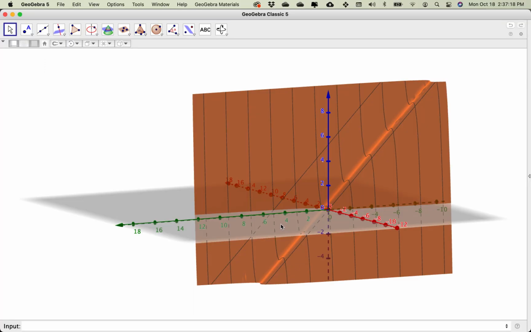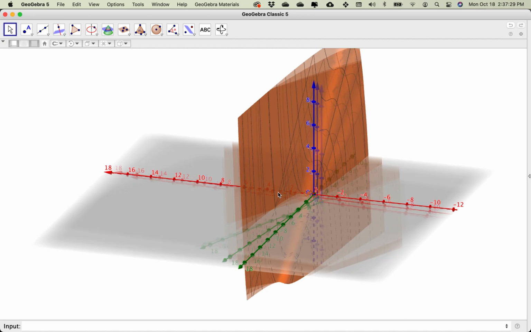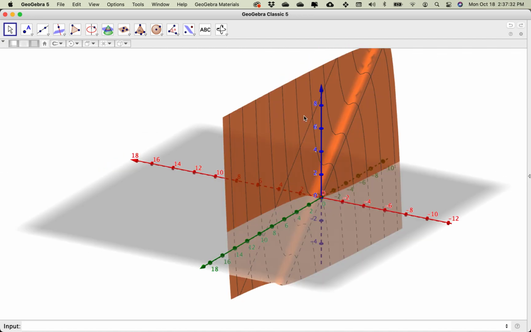Here's the graph of this surface right here, and I can see this line drawn diagonally across it, and this would be the line that I am using to map out. So it does not have to be perpendicular to one of my axes. In this case, I have this diagonal line that I can move to map out the surface of this particular graph. So this would also be a cylinder.